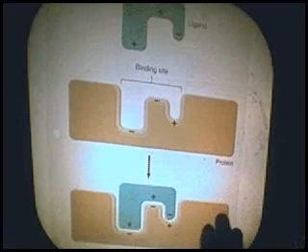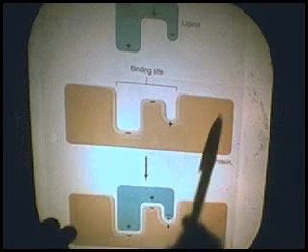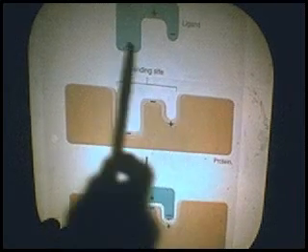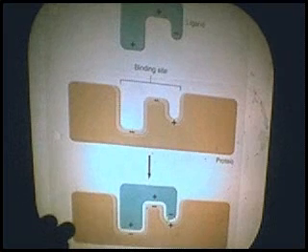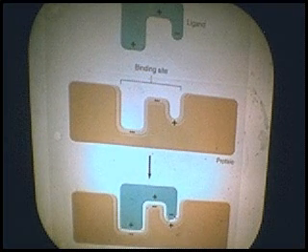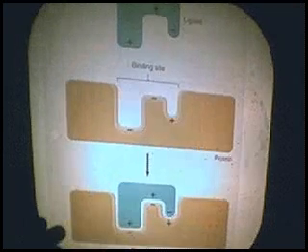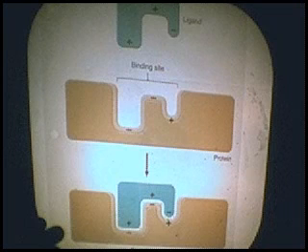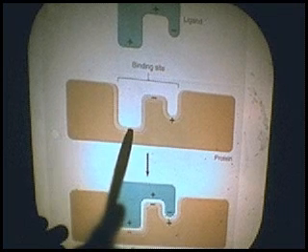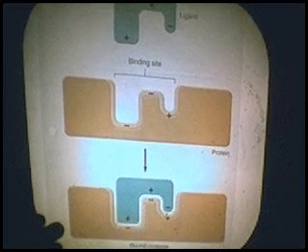Back to this one. This is 3.26. In this case, we have the protein with its binding site and the ligand, and this simple diagram shows that not only do we have physical shape binding, but we also have the chemical nature of the binding site and the ligand that ensure the specificity of binding.